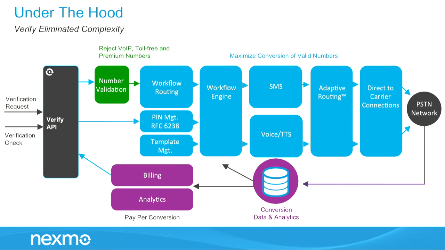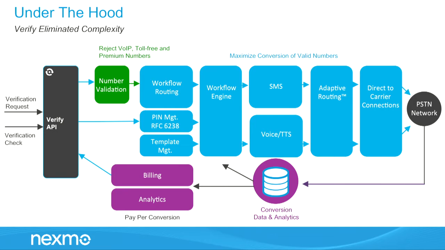So we expose an API, and behind the scene, we do number validation. So we will exclude VoIP numbers, toll-free, and premium numbers. Then we have a workflow routing. Depending on the destination, we can adapt the type of message you want to send.